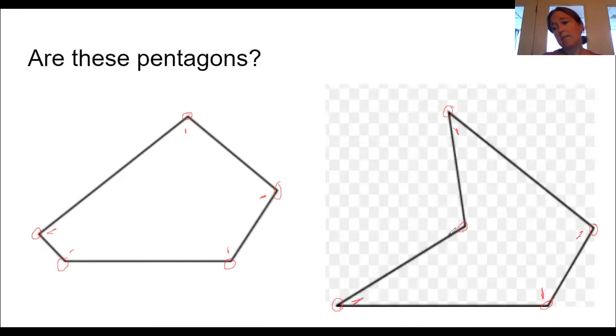This one is kind of opposite, but it still has this angle right here. So this is also a pentagon. It is an irregular pentagon, which means it doesn't look like the other one we've looked at, but it is still a pentagon because it has all the attributes that a pentagon has to have. All right, so let me go on to the next one.